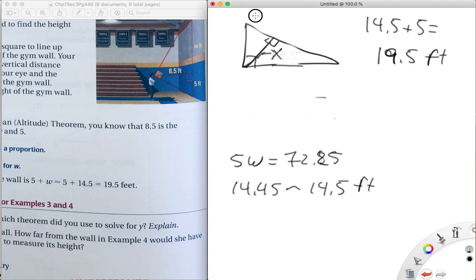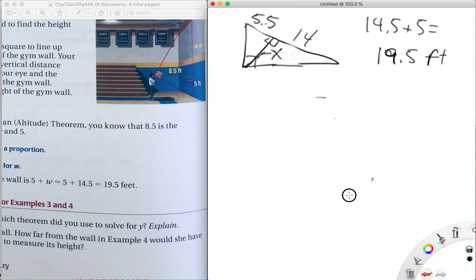This is now going to be 5.5. We already know how long the wall is, 19.5. So 19.5 minus that is 14. And then we still use the geometric mean of the altitude. Now we're looking for the altitude.